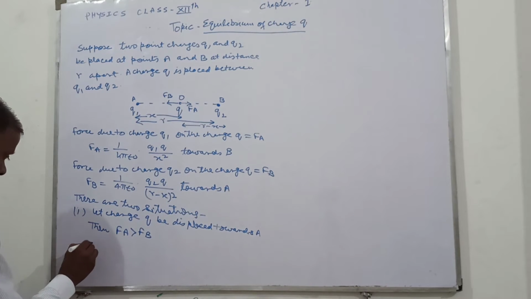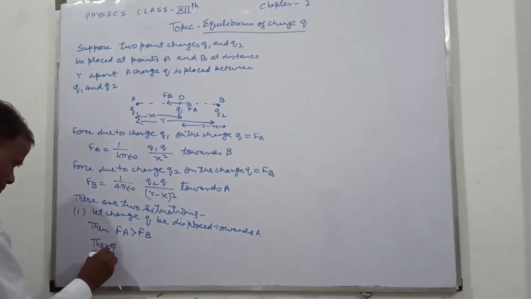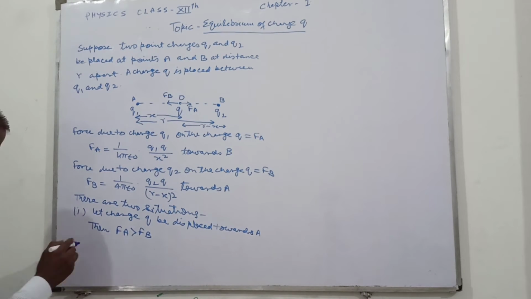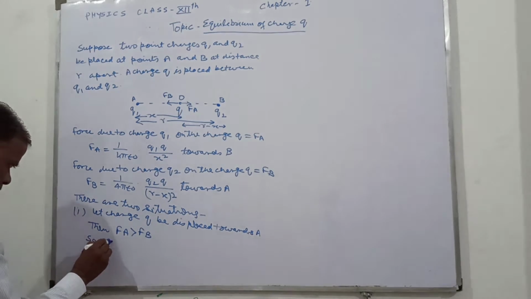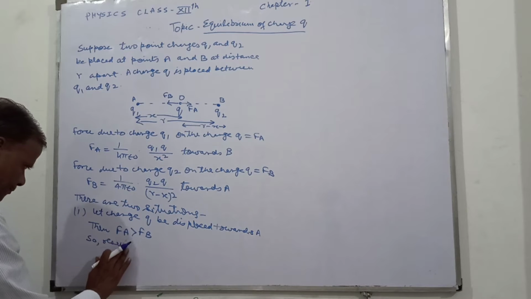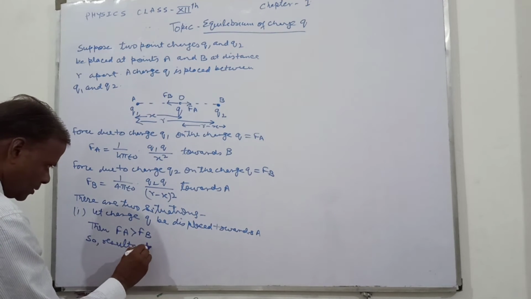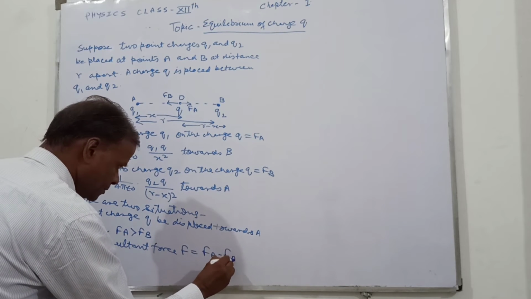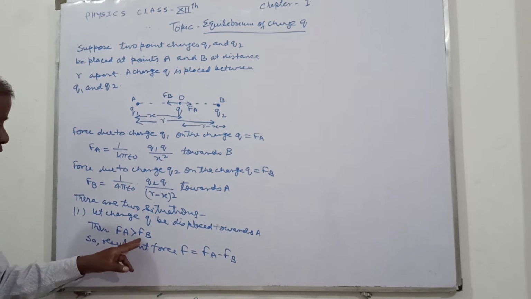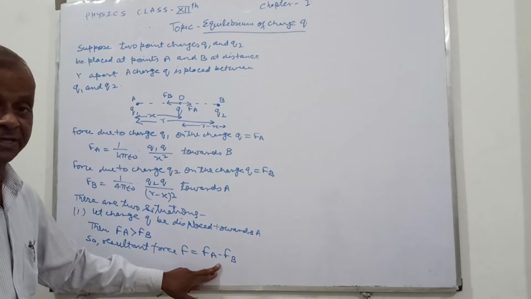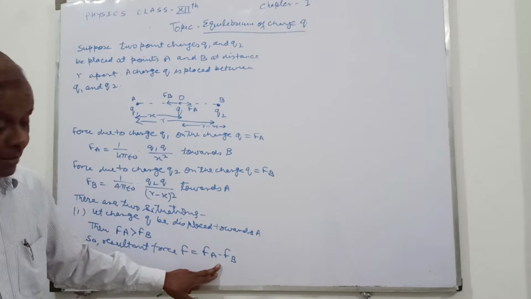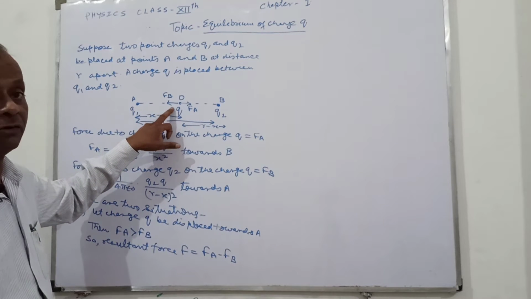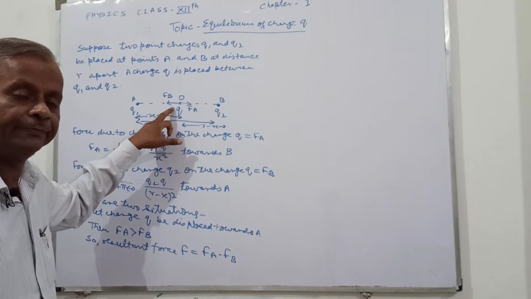This means the resultant force F equals FA minus FB, because FA is more than FB, so clearly we have to take FA minus FB. In that case the charge Q will not go back to the mean position.